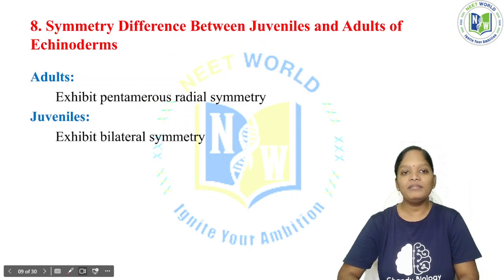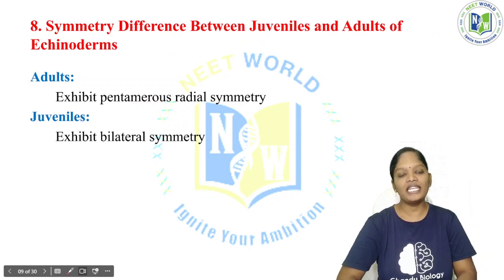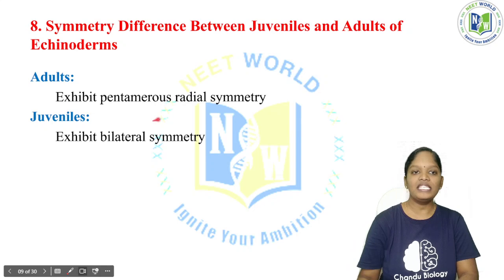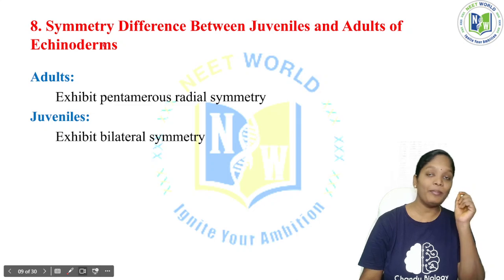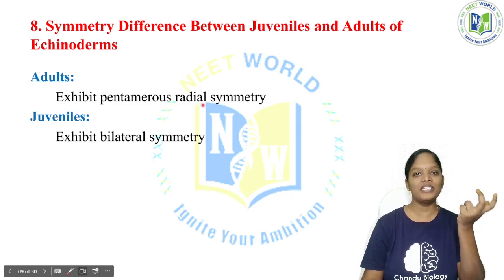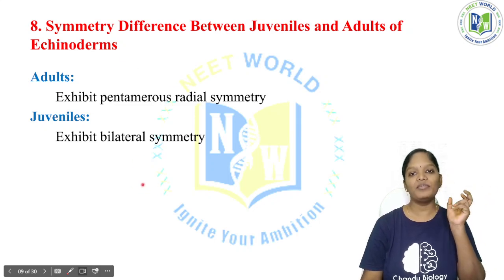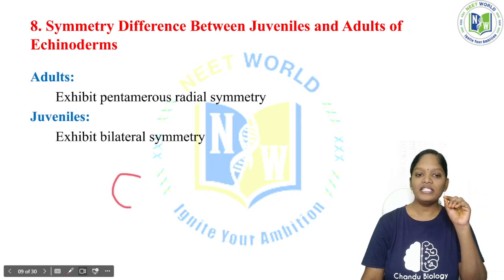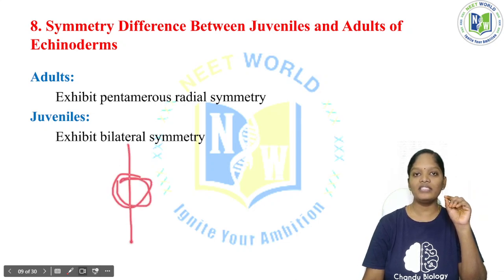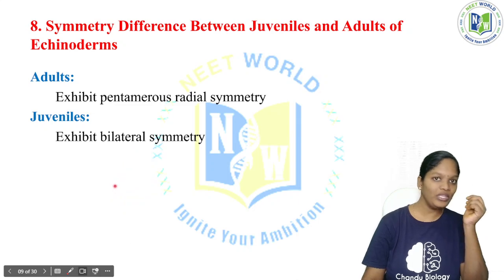Now, the symmetry between juveniles and adults of echinoderms. Juveniles means smaller, younger ones, and adults of the echinoderm. The best thing here is the symmetry. We have radial symmetry and bilateral symmetry. For radial symmetry, consider this as an organism. If we cut like this, it is divided into 2 equal halves.